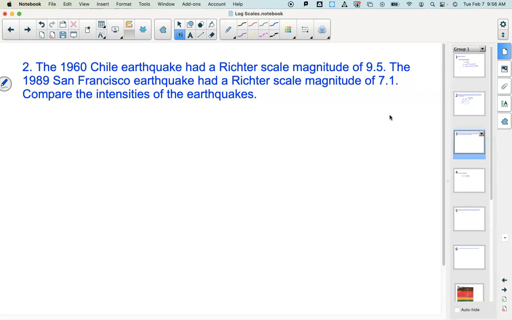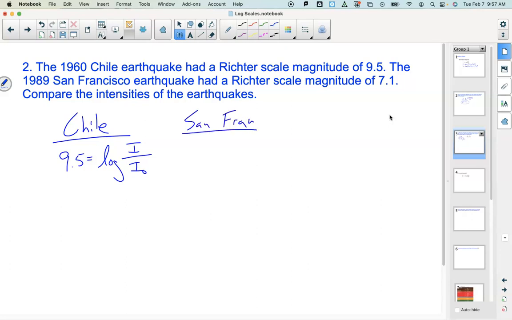So let's start with the Chile earthquake. Now notice we know the Richter scale is 9.5. So I'm going to say 9.5 equals the log base 10 of I over I sub 0. For the San Francisco earthquake, we would have 7.1 equals the log of I over I sub 0.